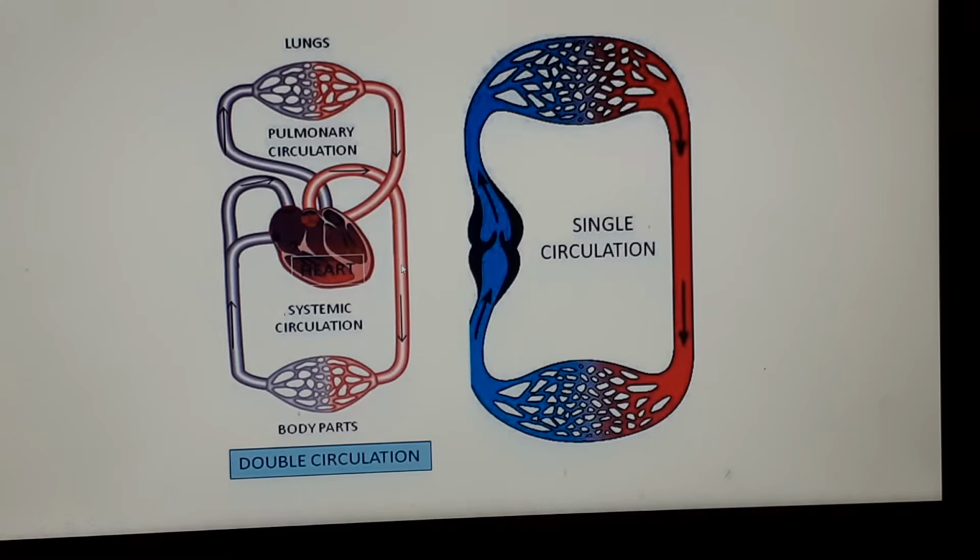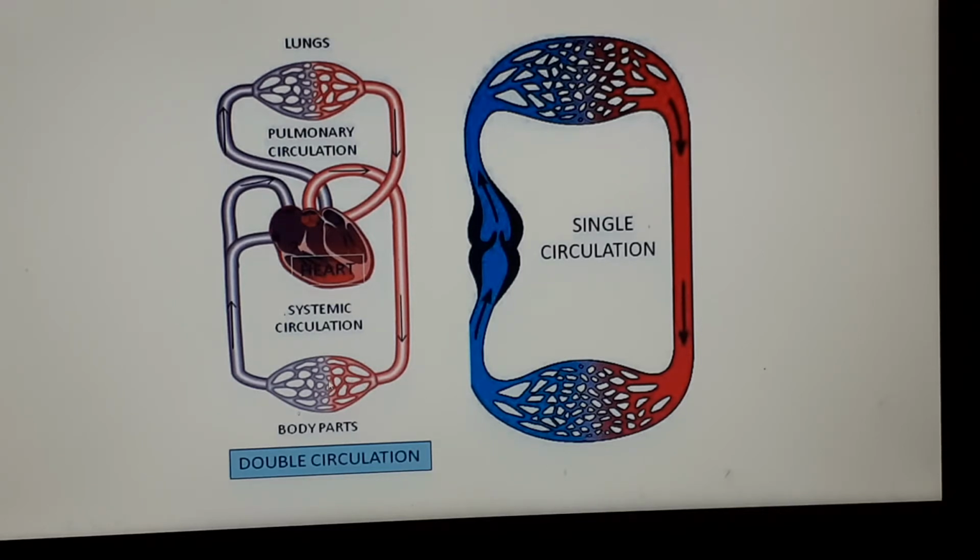The size becomes so small that it reaches all the cells and gives them nutrients. At last it becomes a very small, hair-like vessel, with a thickness of just a cell. This is called the capillaries.